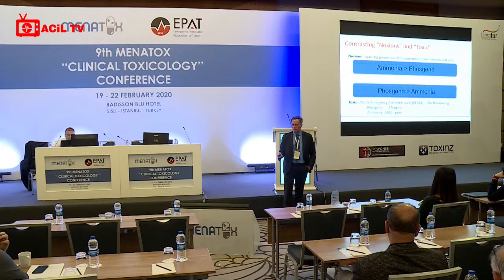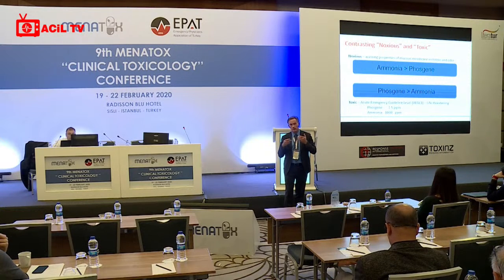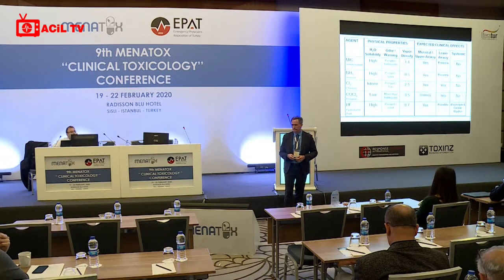So you can be exposed to 1,000 times more ammonia before it'll harm your lungs than you can for phosgene. But you can't stand to be exposed to that much ammonia because it would be so irritating. So it's very, very noxious, but not as harmful in terms of lower lung injury. But phosgene is not going to give you the warning properties. And that makes it a little problematic because people can get much more injury without being aware.